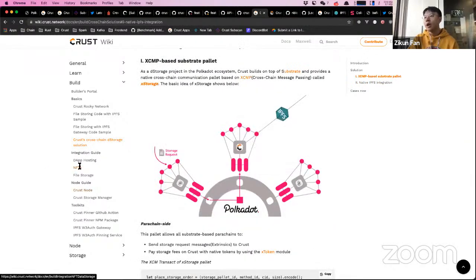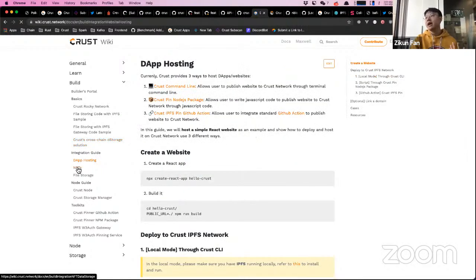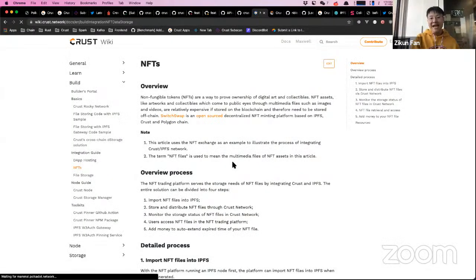And also we have several integration guides on both dev hosting, which we already showed in the workshop before, and with NFT and also today's file storage. And also we provide several toolkits on GitHub Actions. So it allows you to do automatic CD or CI on the native or original GitHub use case. So that's the toolkit we provided.